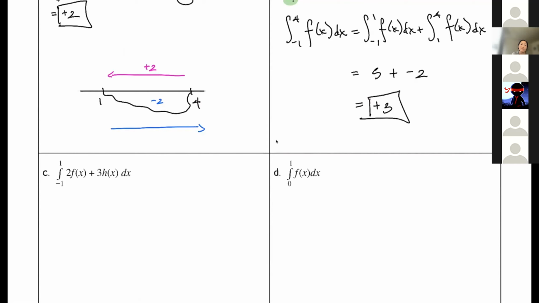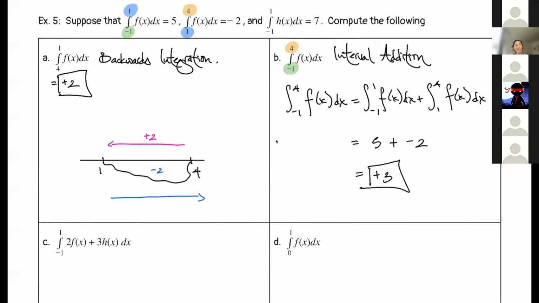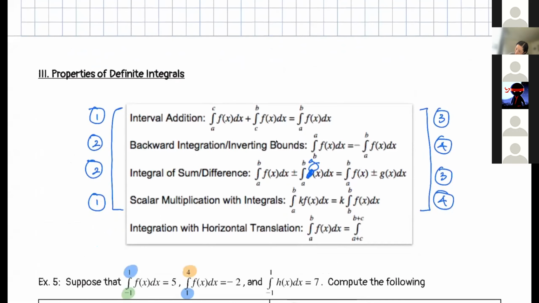Okay. So we've got a scalar multiplication and interval addition, and the addition, yeah. So sometimes you're going to need more than one property, just like sometimes we need more than one rule for derivatives, okay? So let's go ahead and write down that we're going to be using the scalar multiple and the integral of some difference.